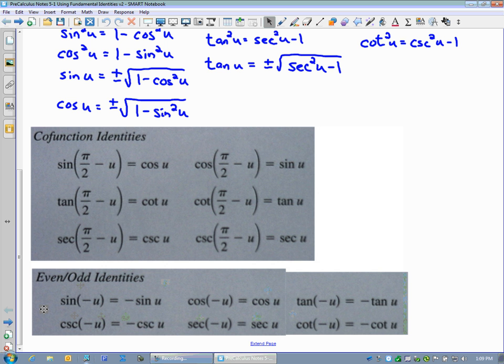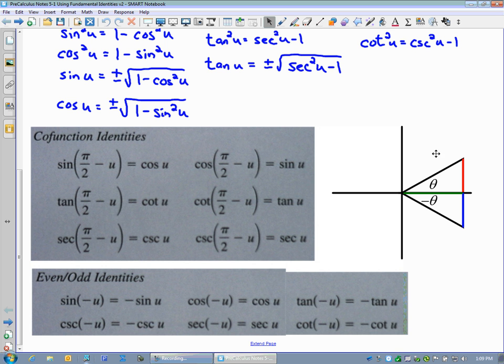We're going to look at these two algebraically, starting with the first one. And I want you to consider this diagram. Starting with our initial side at the positive x-axis, we're going to open up to an angle theta in the positive direction, or we're going to open up in the negative direction, the same magnitude. So if we do the positive theta, then I can drop that perpendicular, and now this will work for any triangle, but for simplicity we're going to assume that this is a unit circle.